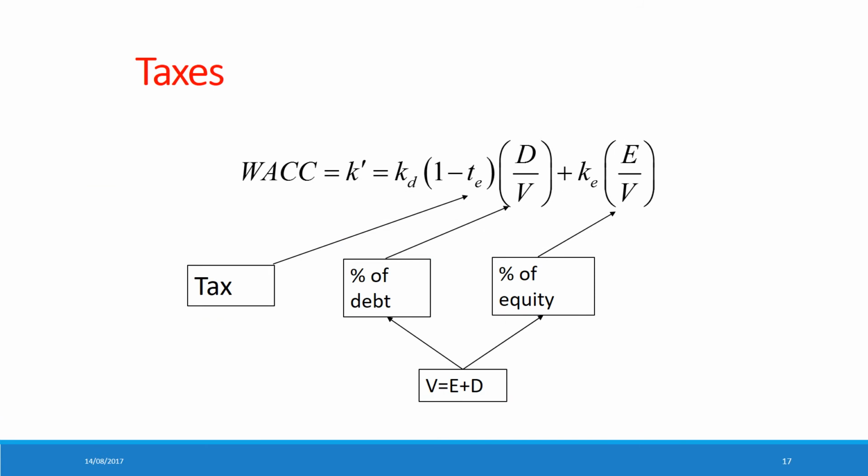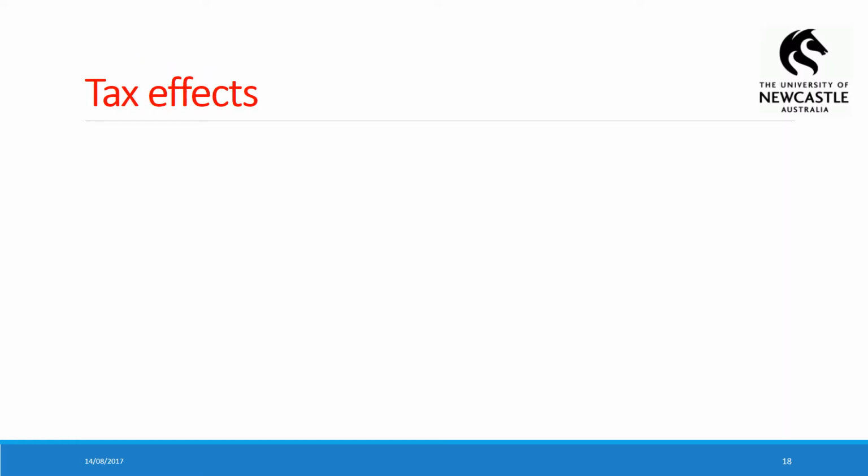So we looked before at the different types of debt and different types of equity and how we can price these different securities. Now we look at the impact of taxes in the formula, yeah? What are the different effects of taxes on our calculation of the weighted cost of capital?